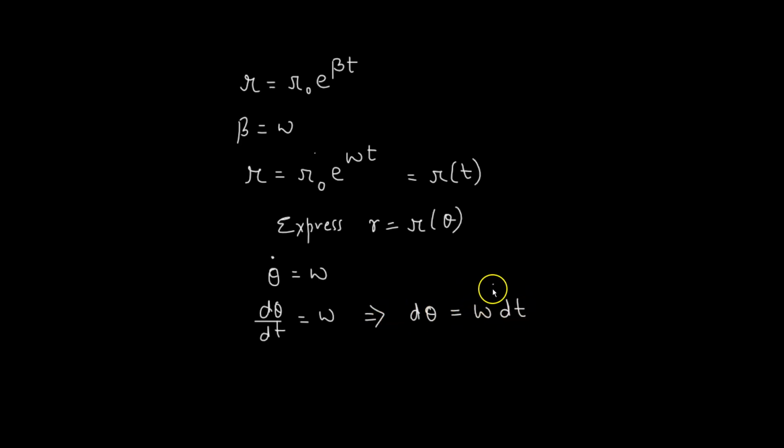Now if we integrate both sides, theta goes from theta naught to theta, and time goes from 0 to t. That gives theta minus theta naught equals omega times t.